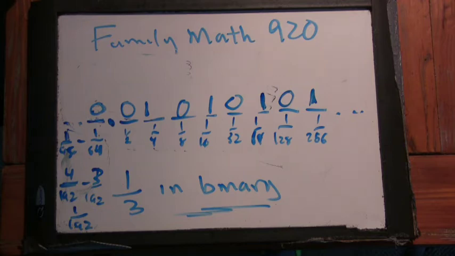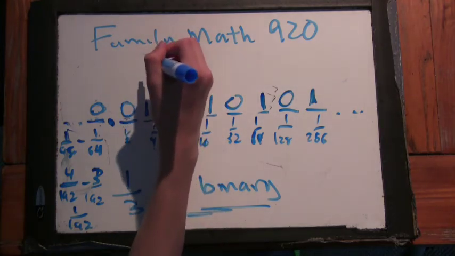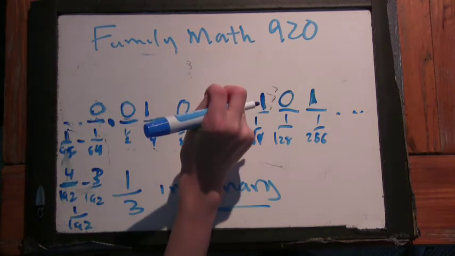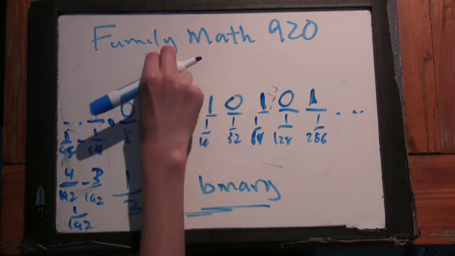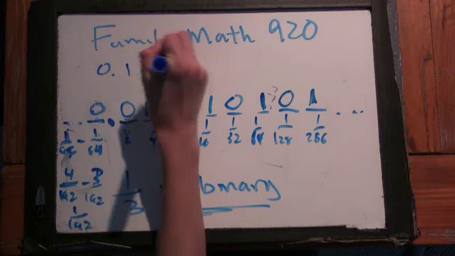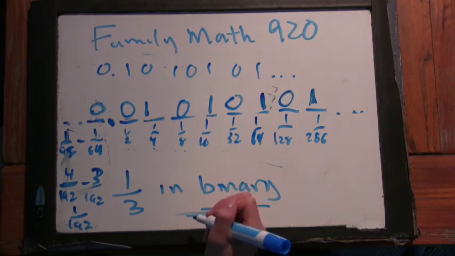So all we have to do is add 2 1/3s to it, and we do times 2 by shifting over one place to the left, so 2/3 should be 0.1010101 repeating.